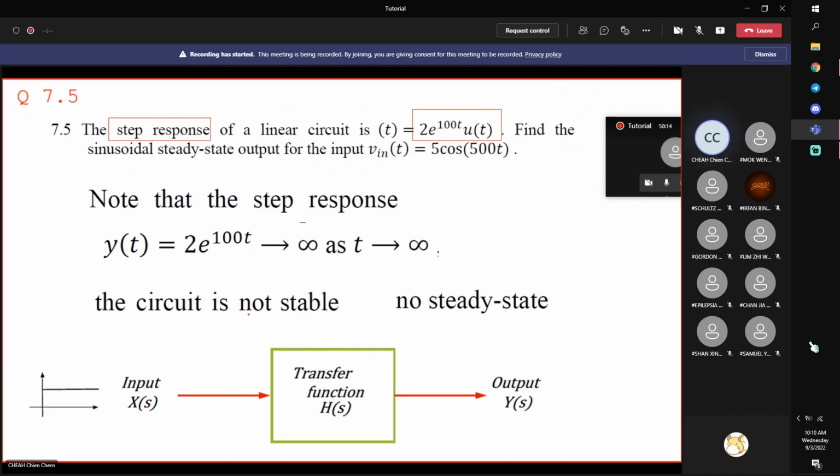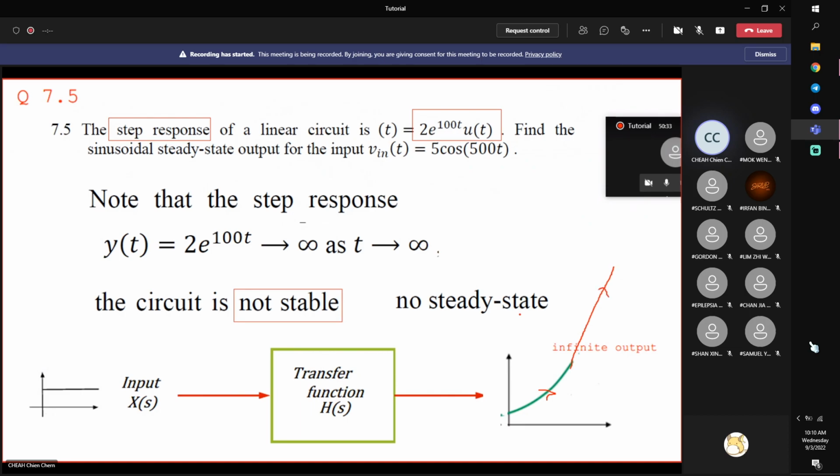So here, if the circuit is not stable, there's no steady state. No steady state means you will just keep increasing. Your output does not settle down at DC. You will just keep moving and moving to infinity.